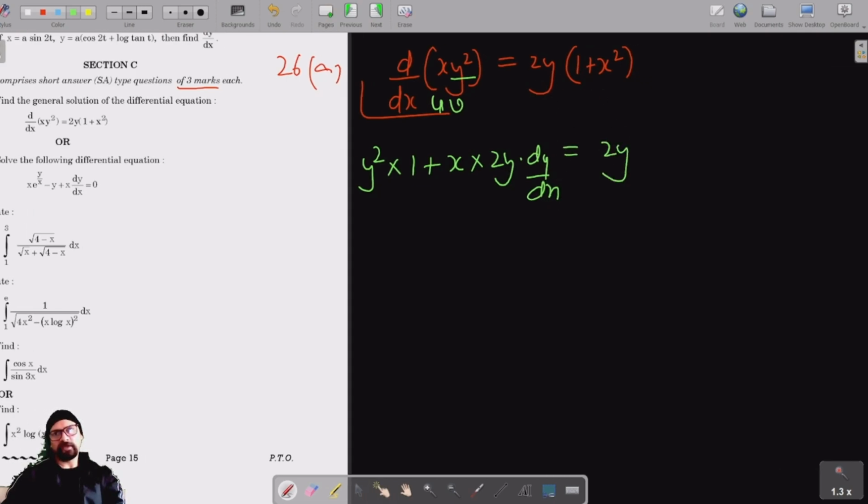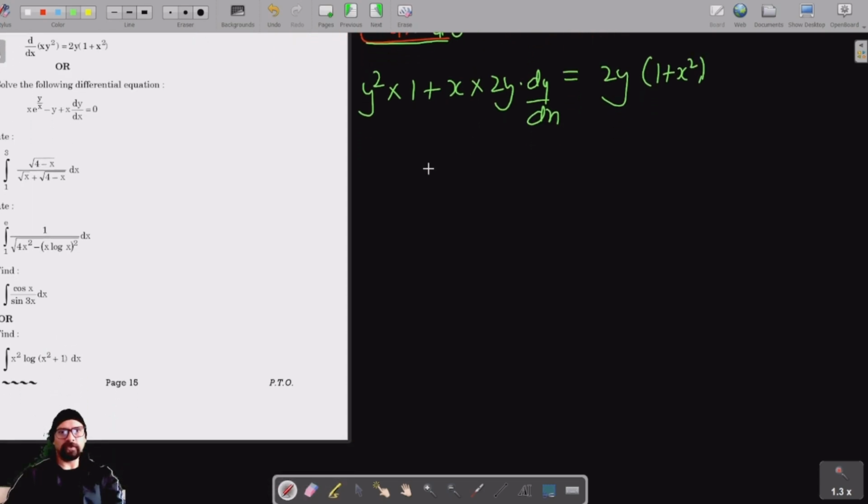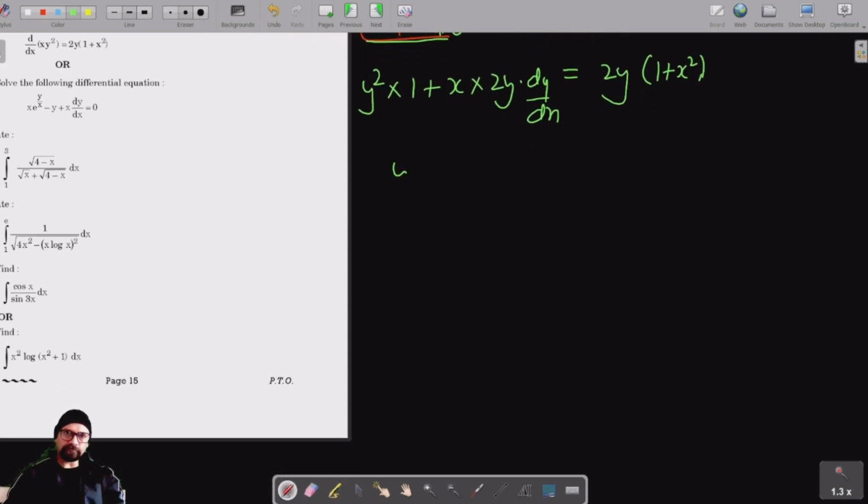We are not differentiating the whole equation, but just this side, because it's differentiation of xy square. Now our differential equation looks like y square plus 2xy into dy by dx is equal to 2y into 1 plus x square.